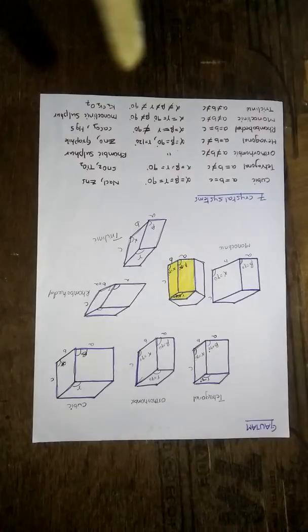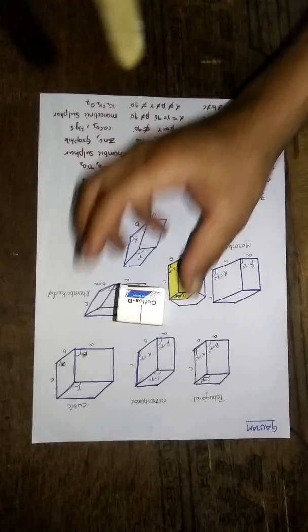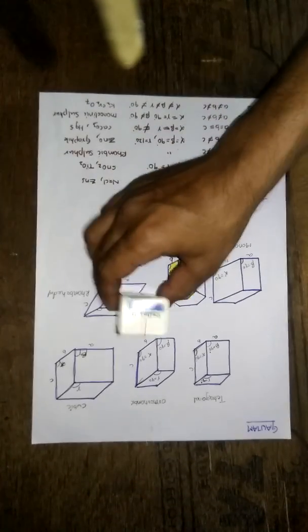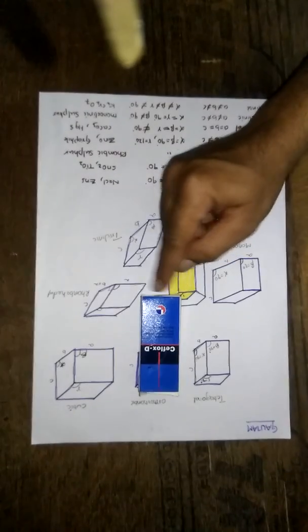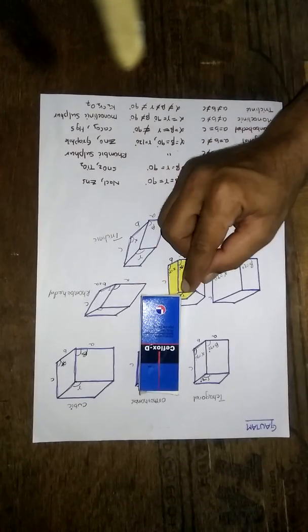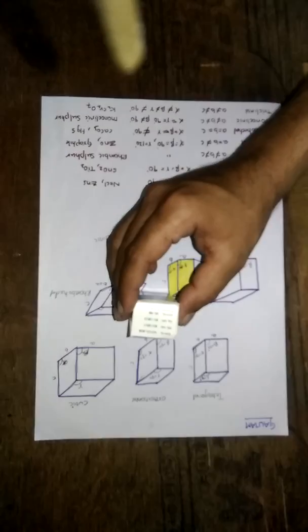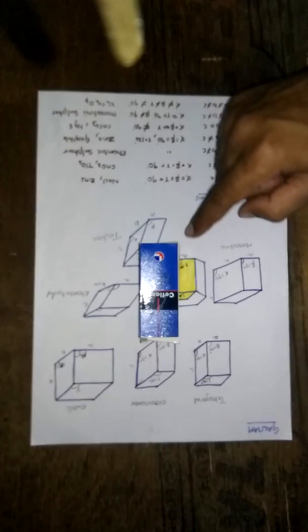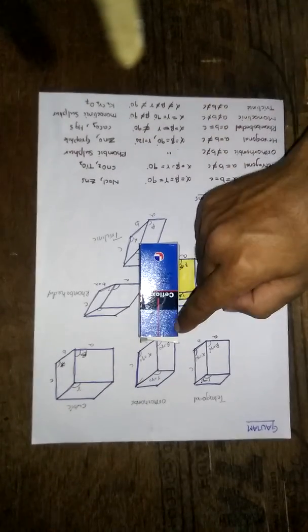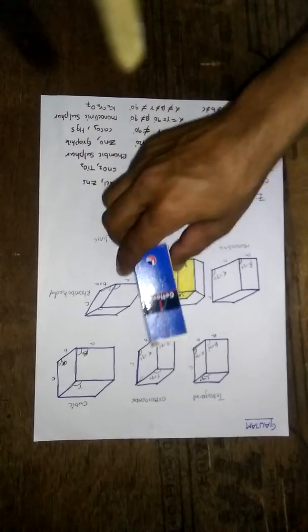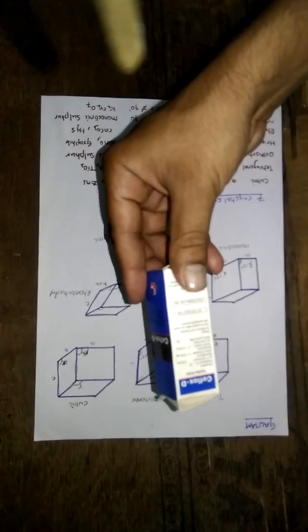To make things clear, I'll be using certain props. An example of tetragonal would be this. If you see, this is side A, this is side B. So it's a regular square, and the height of which is C. This height C is different from the sides of the square.